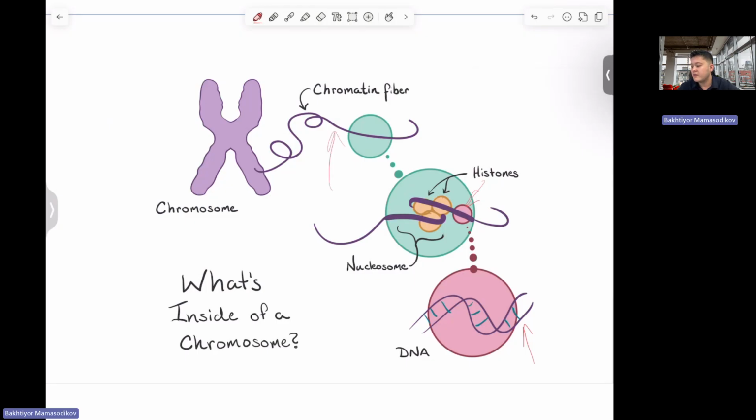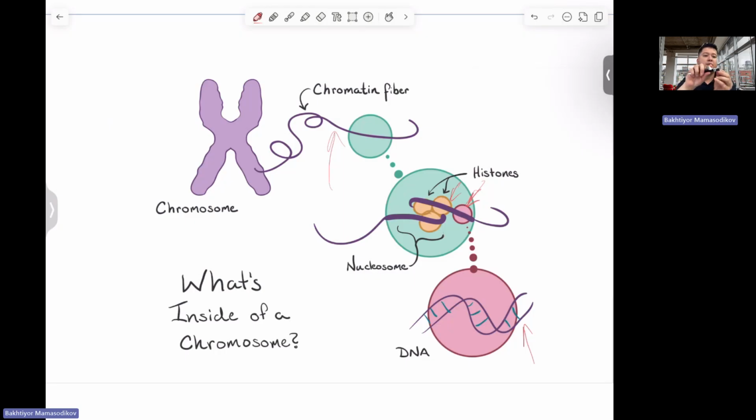Chromatin is the wrapped version of the DNA around the histone proteins. Imagine I have a rope and I wrap it around an object, for example the histone.